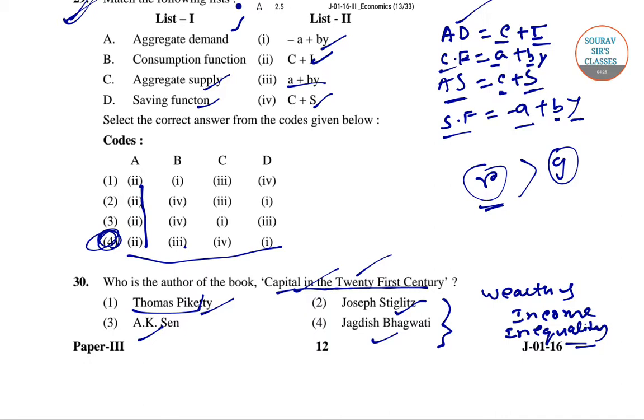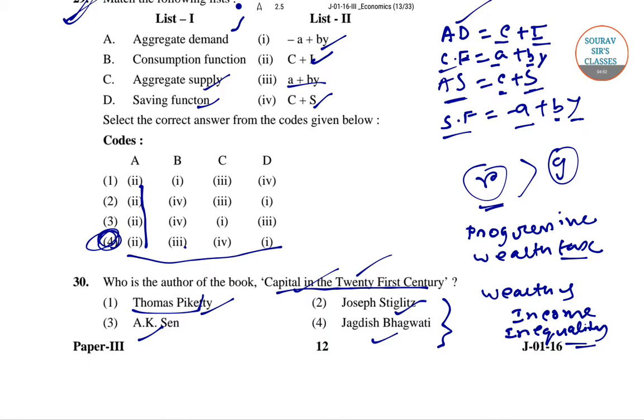Piketty proposes a global system of progressive wealth taxes to help reduce the inequality and avoid the vast majority of wealth coming under the control of a tiny minority.